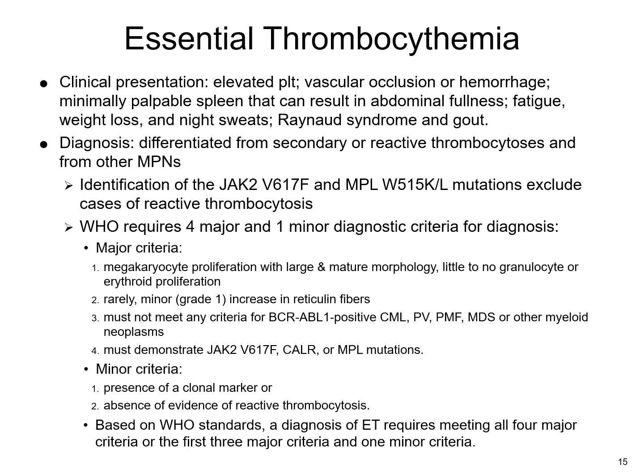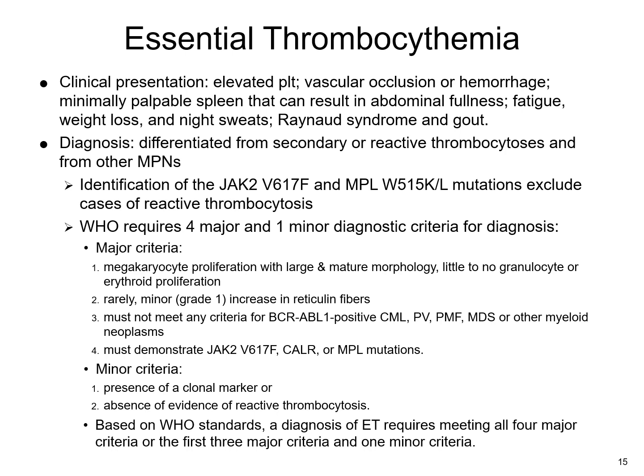They must not meet any criteria for BCR-ABL1 positive CML, polycythemia vera, or basically any of the other myeloproliferative neoplasms, and they must demonstrate either the JAK2 V617F mutation, the CALR mutation, or the MPL mutation.